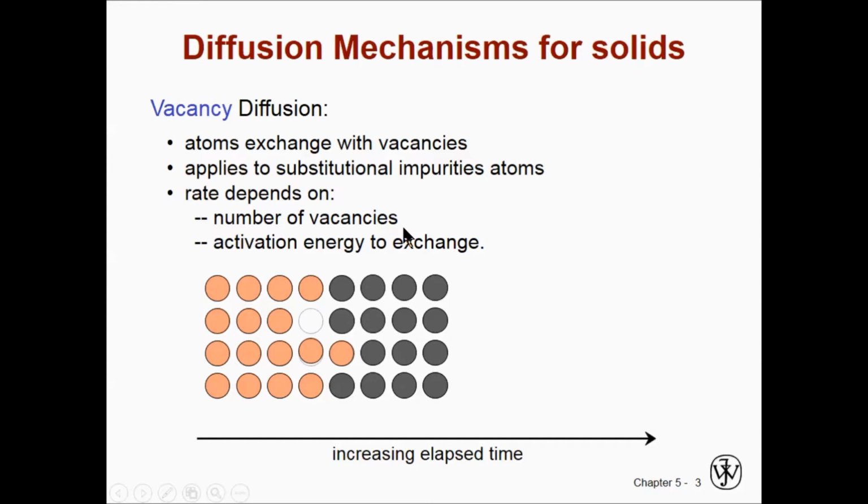The diffusion happens in two mechanisms in solids. The first one is vacancy diffusion. If you see this picture over here, I have vacant position in, let's say, nickel.